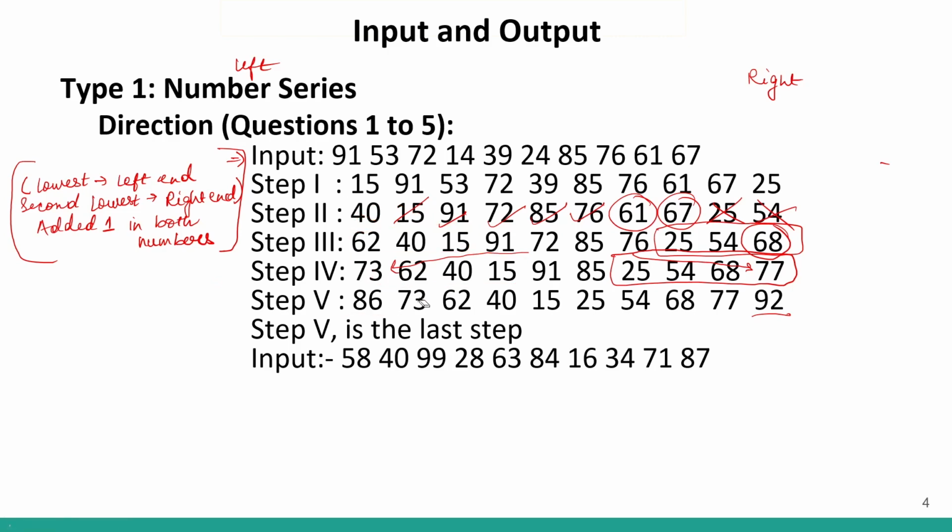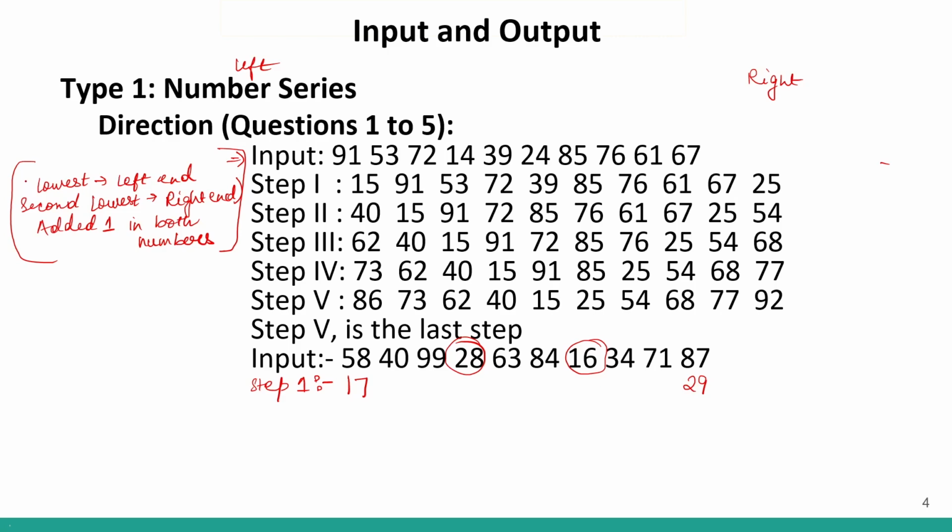So now let us solve this input using the same logic. Using the same logic, we will find the output. Okay. So step 1 will be to find the lowest number. The lowest number I can see here is 16. And the second lowest number I can see here is 28. So now I will add 1. So 16 will become 17. And 28 will become 29, because 29 will come on the right hand.